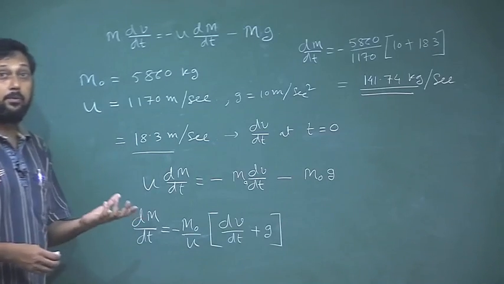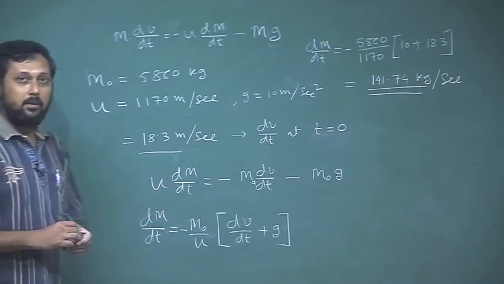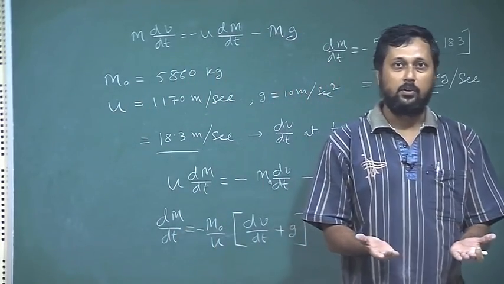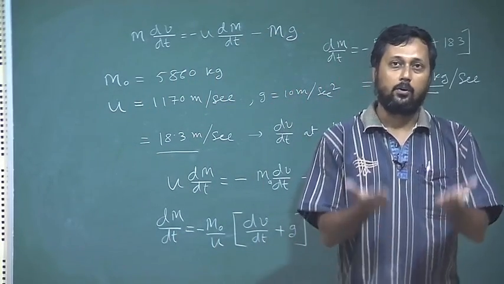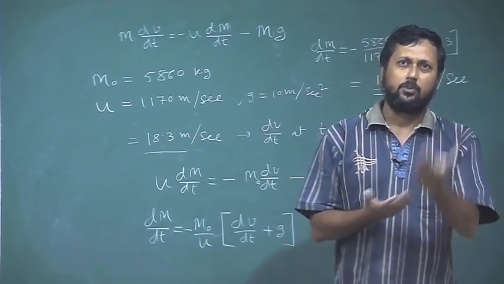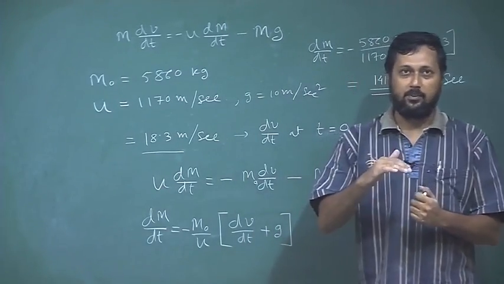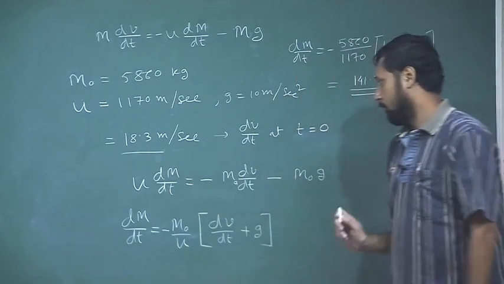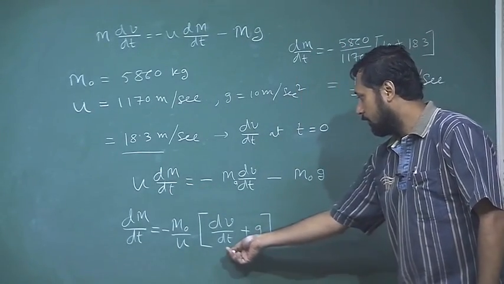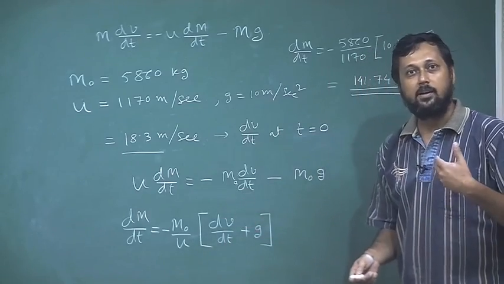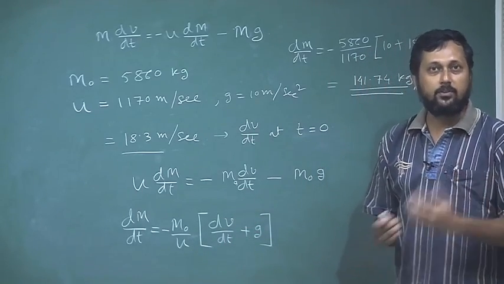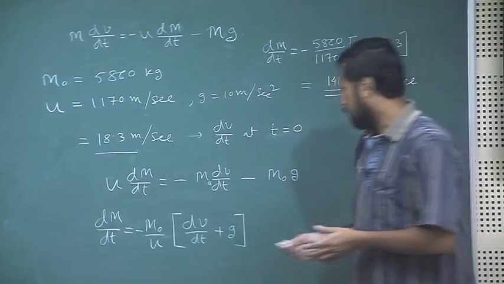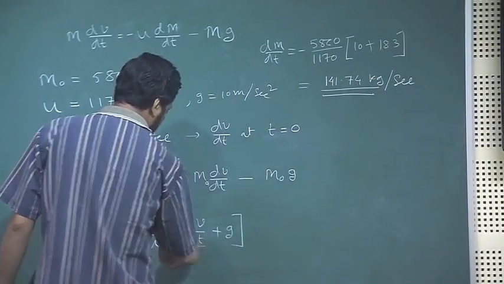Now, in case you are wondering what happens in a real rocket, we just try to lift our rocket slowly enough, almost zero acceleration. So, what happens is at the time of lift off, dV/dt becomes 0. Now, if dV/dt becomes 0, we can also calculate the required exhaust rate. So, we just simply put dV/dt equal to 0 in this equation.